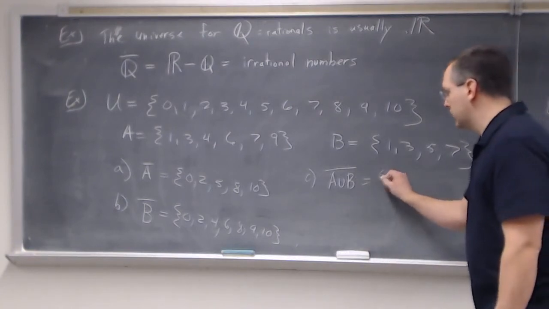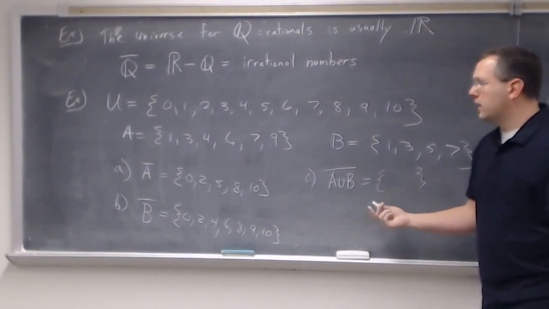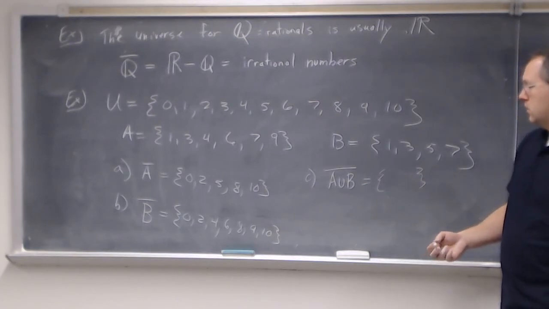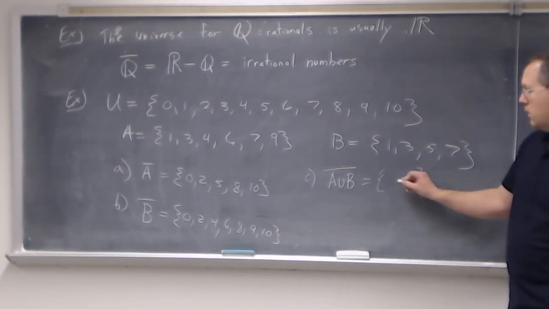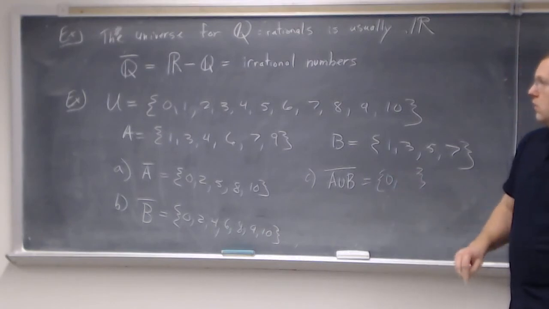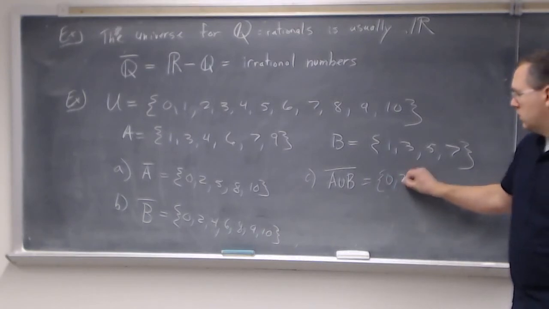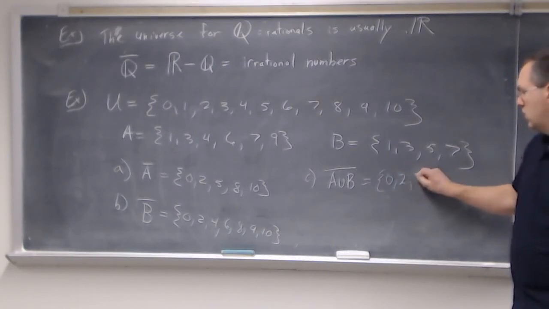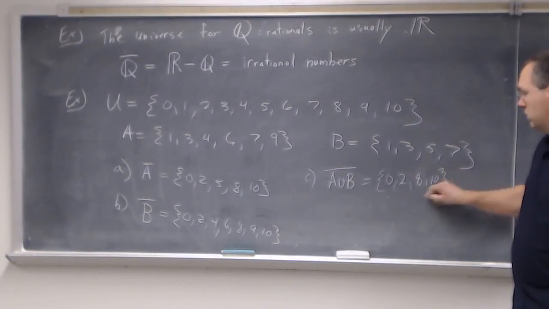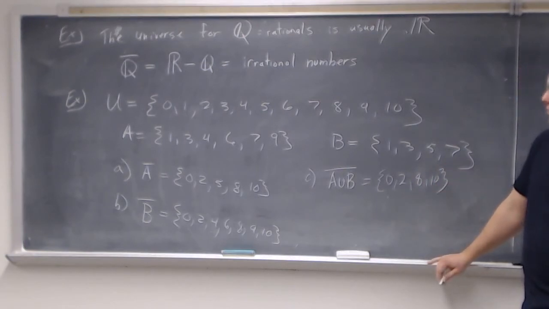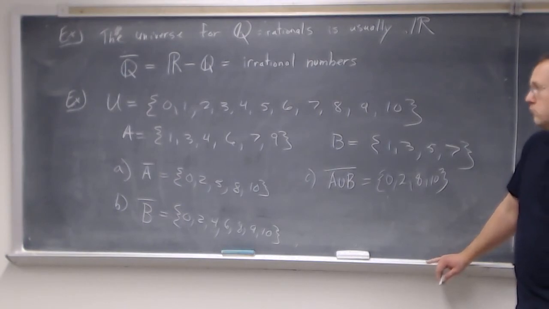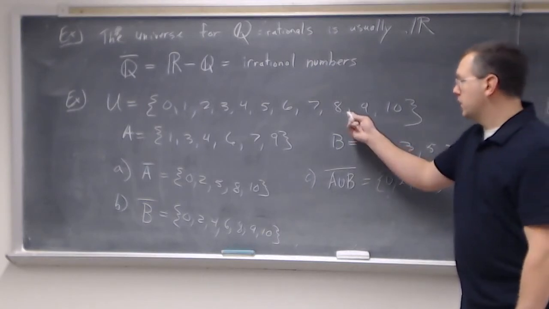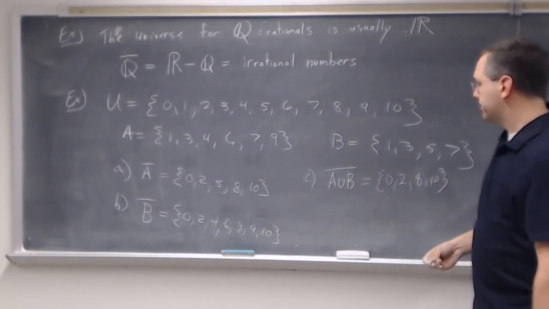That's the answer then. Anything that's not in A union B is 0, 2, 8, 10. You guys agree? Anything in the universe that you don't see in A and B.